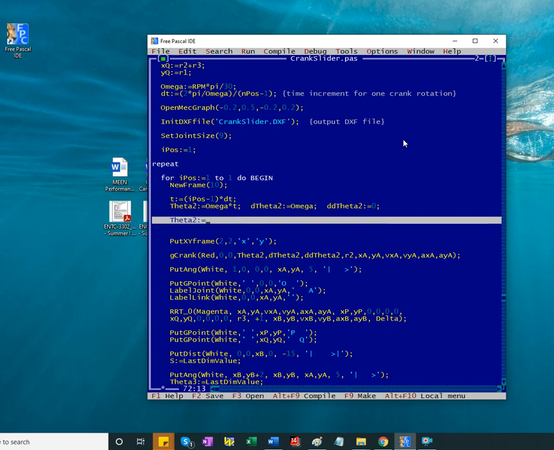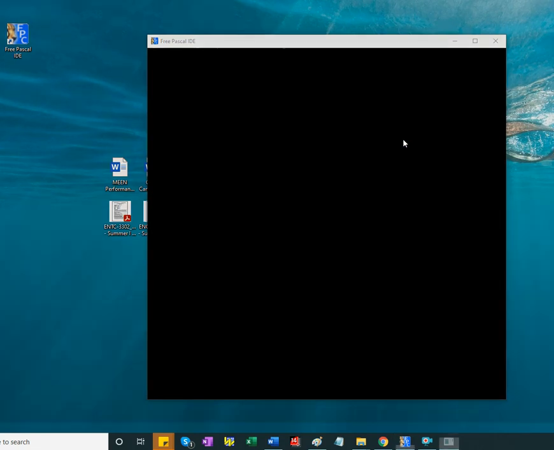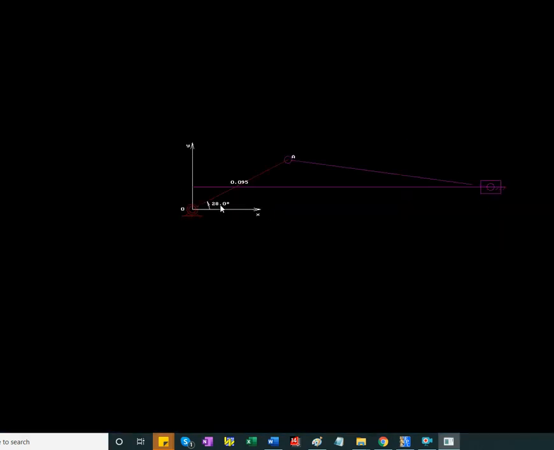If I want to show my mechanism with the crank at, say, 28 degrees, I need it in radians, so times RAD, or divided by DEG. I converted it to radians, and now the DXF file will have just one layer, corresponding to the angle 28 degrees.